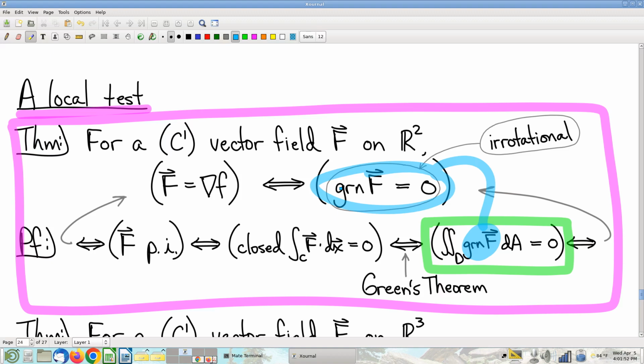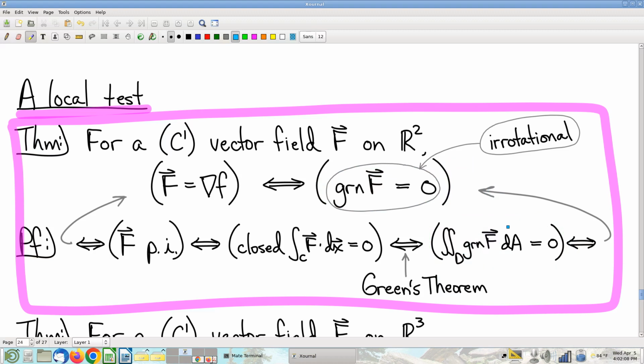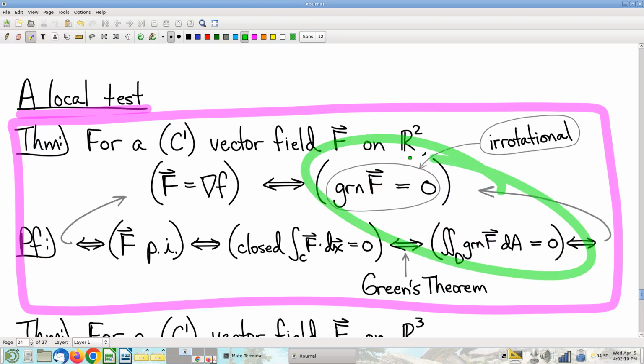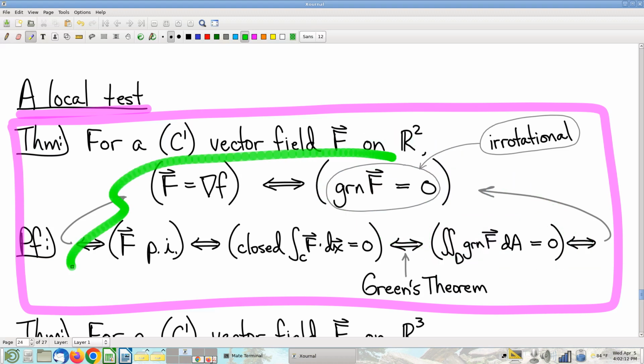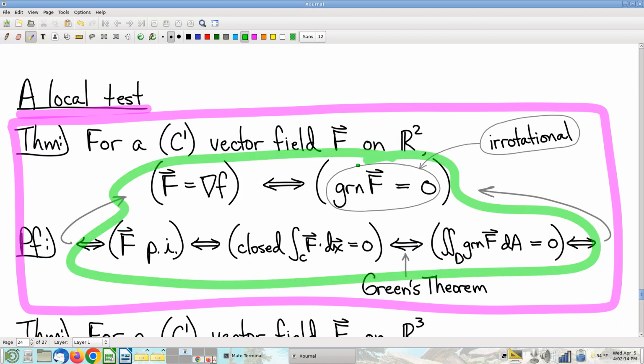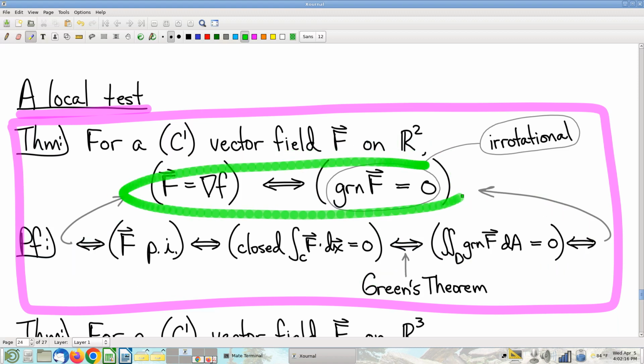If this function were ever non-zero, then in that general vicinity, there'd be integrals that are also non-zero. So only the 0 function should have this property. So that then is the final piece of the puzzle. That's why these conditions are equivalent, and therefore all 5 of these conditions are equivalent. And then more to the point, these 2 conditions are equivalent.